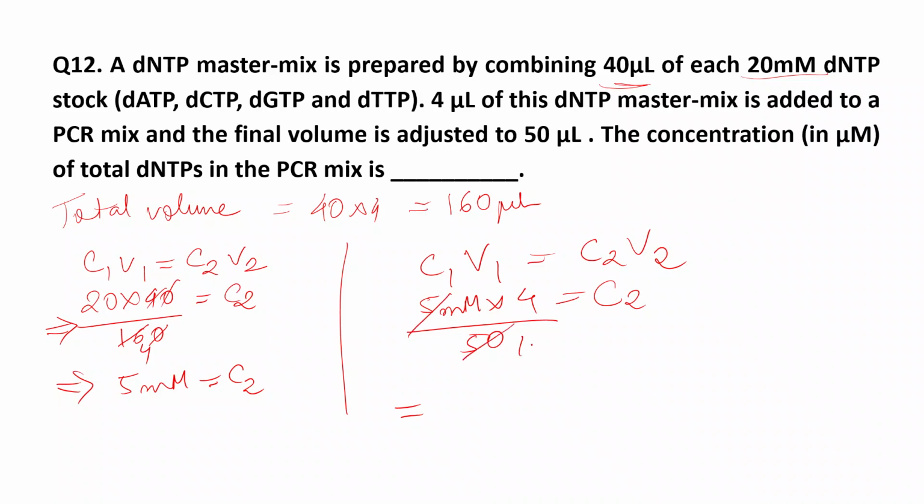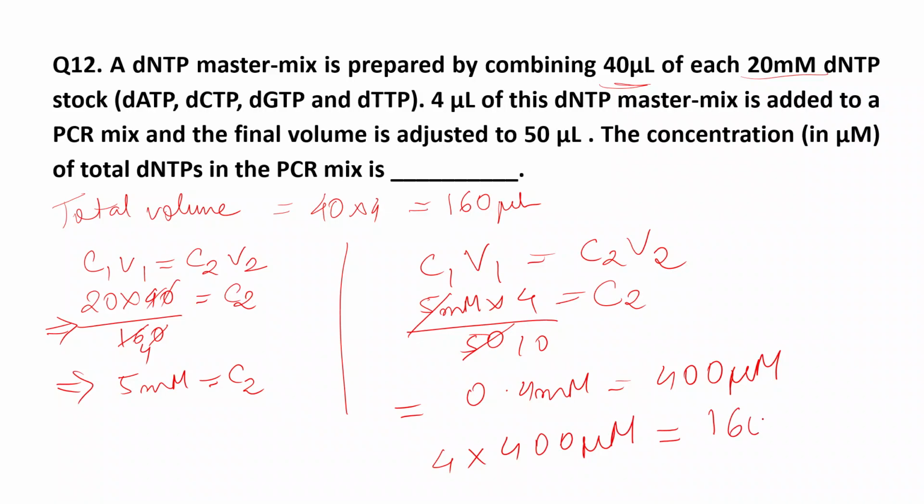So it is 0.4 millimolar, or 400 micromolar, for one dNTP. But because there are 4 dNTPs, 4 into 400, you get 1600 micromolar, or 1.6 millimolar.